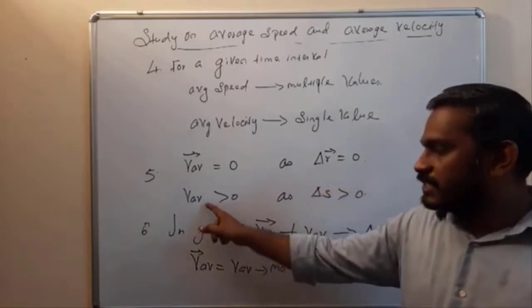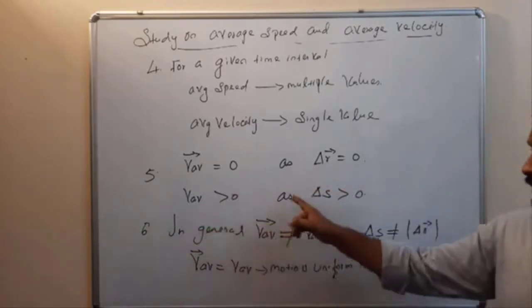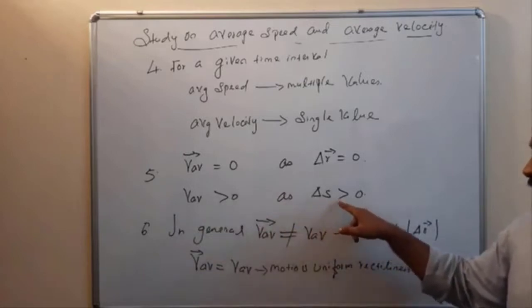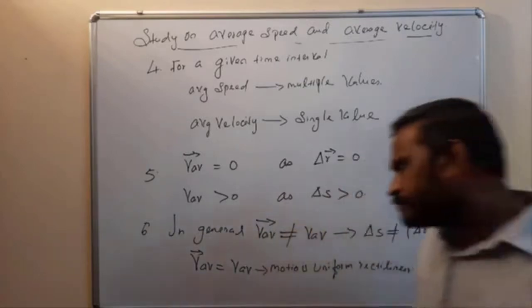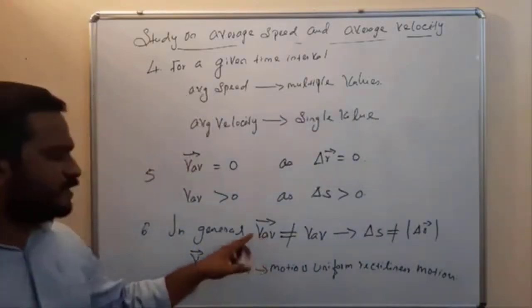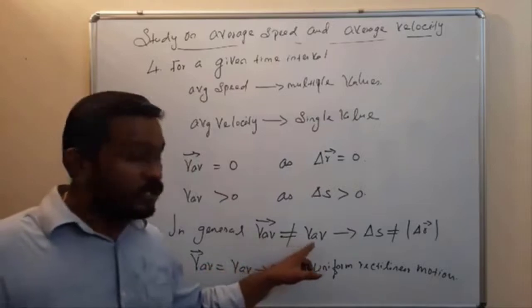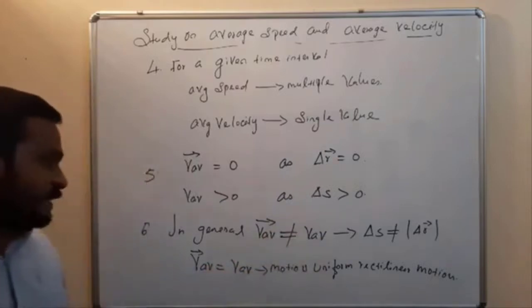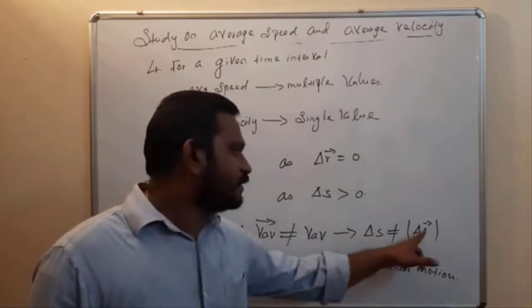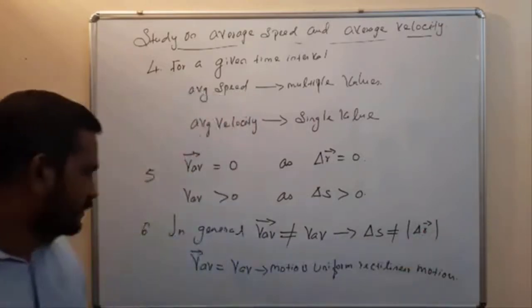Average speed is greater than 0, because the change in distance is greater than 0. In general, average velocity is not equal to average speed, because delta r is not equal to the modulus of delta r vector.